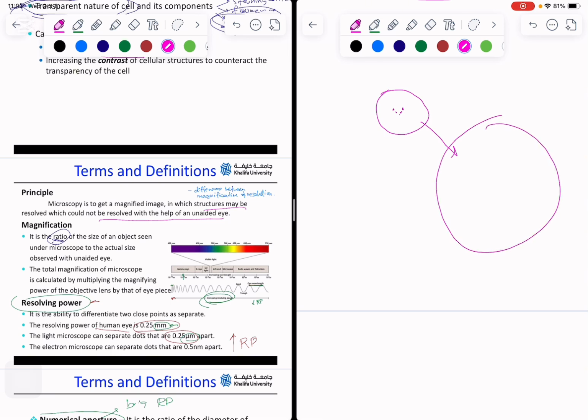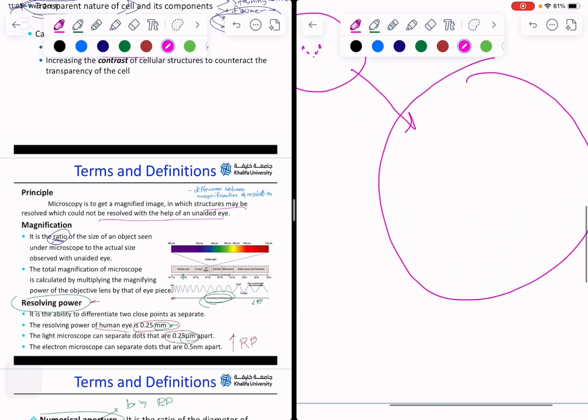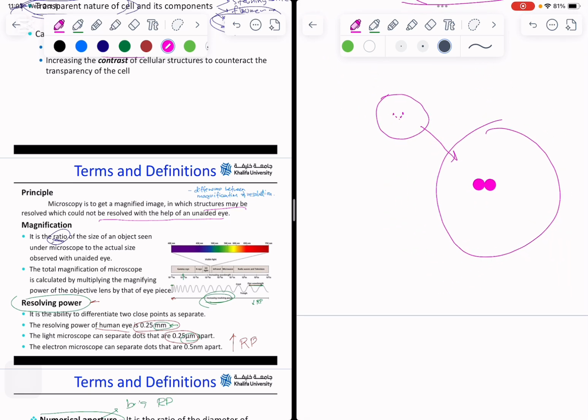Let's assume this is the microscope, and I'm looking through the ocular lenses and I see these two points, point A and point B.